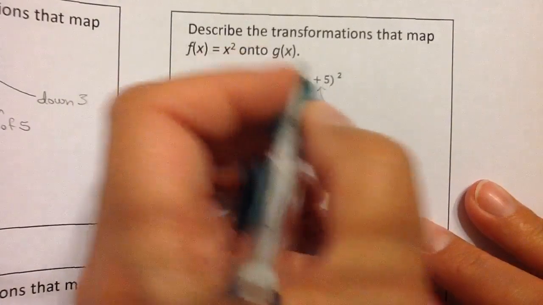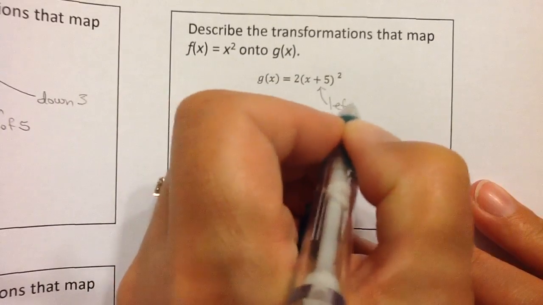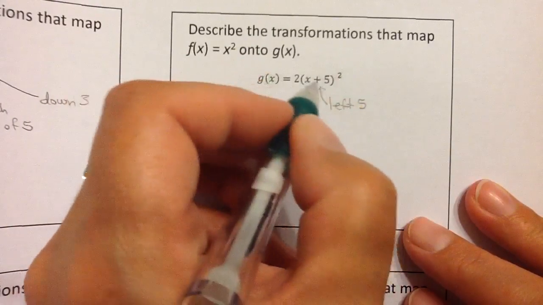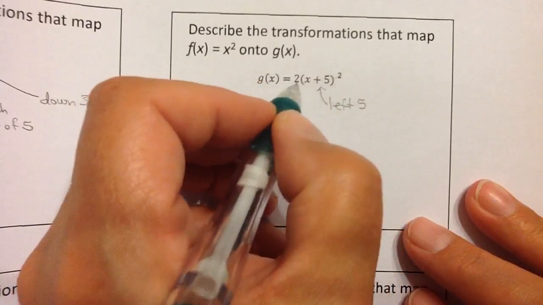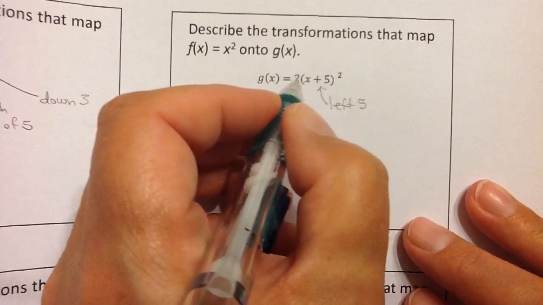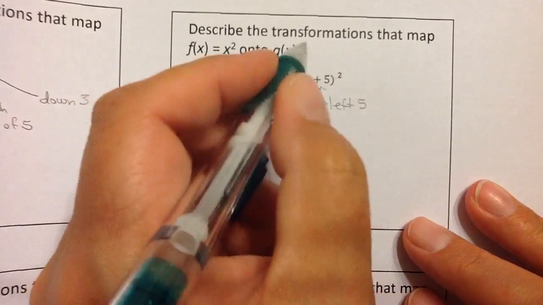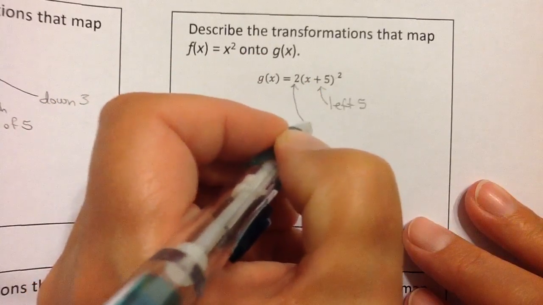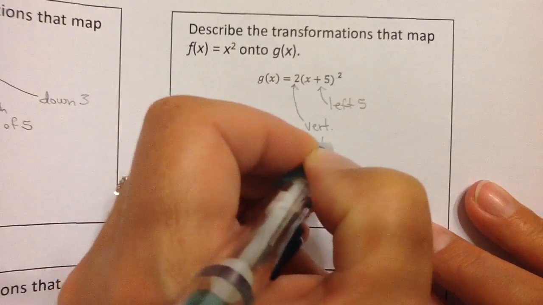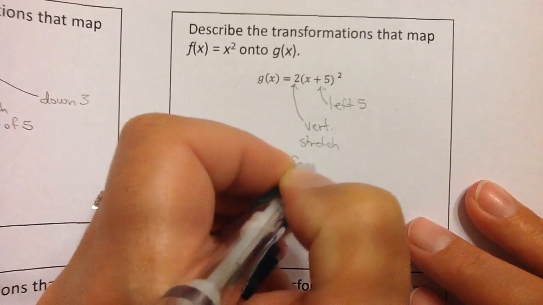The plus 5 moves the graph to the left 5 units. The only other change that's happened from x squared is multiply by 2. So the multiply by 2, since it's outside the parentheses, it affects the vertical coordinate, the y coordinates. So that's a vertical stretch by a factor of 2.